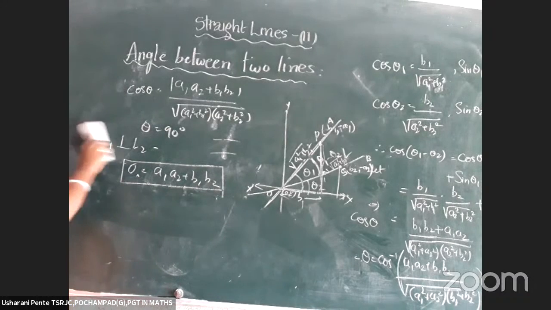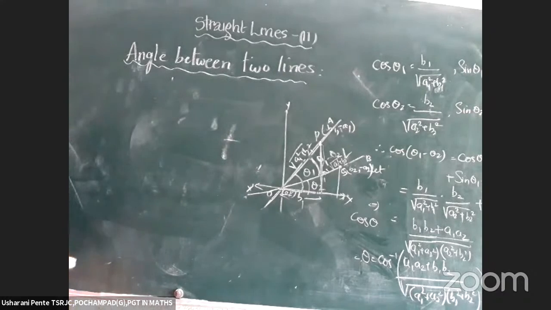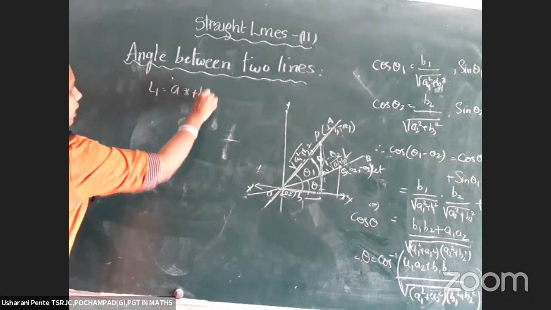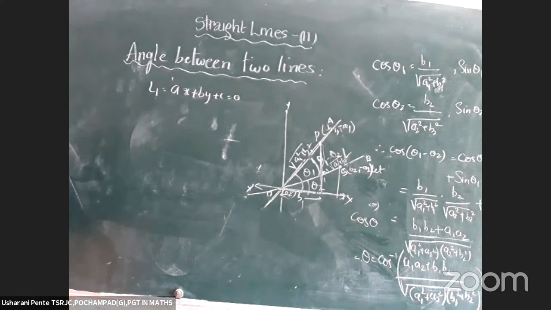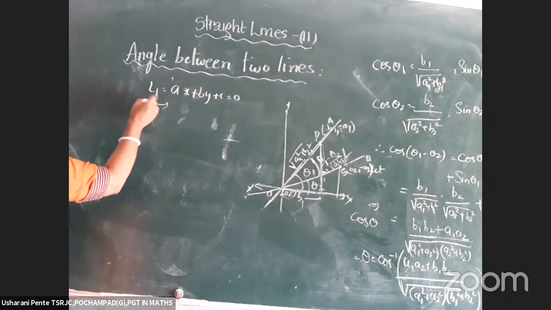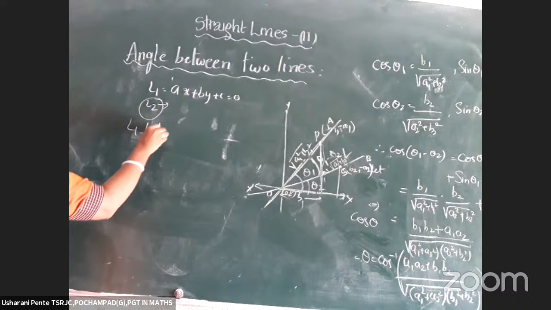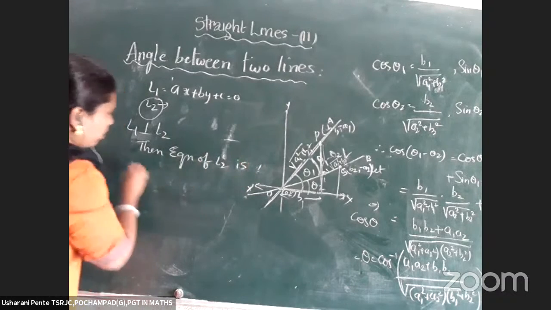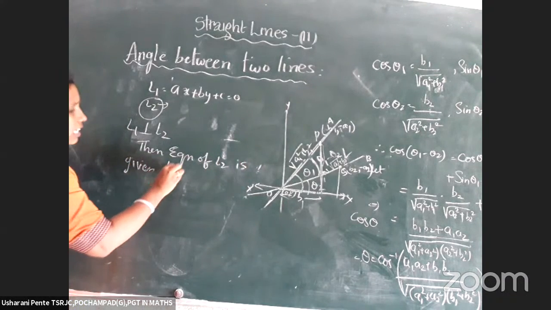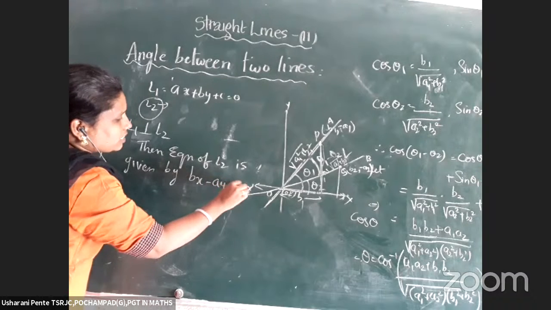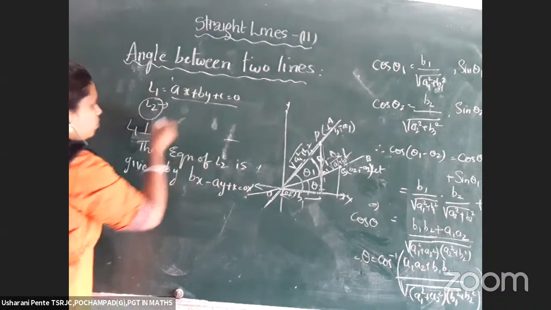And what about the equations? If L1 is given, that is ax plus by plus c is equal to 0, and let L2 be perpendicular to the given line, then how do we find the equation of L2?